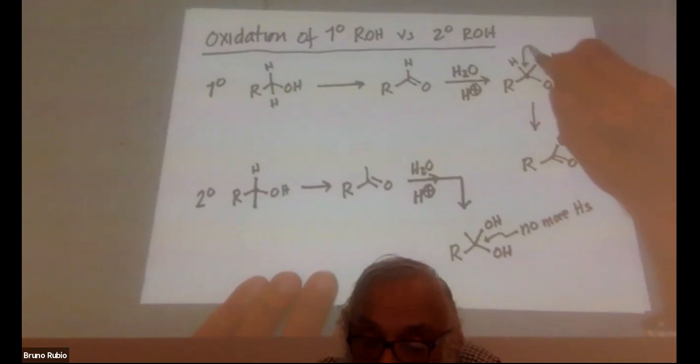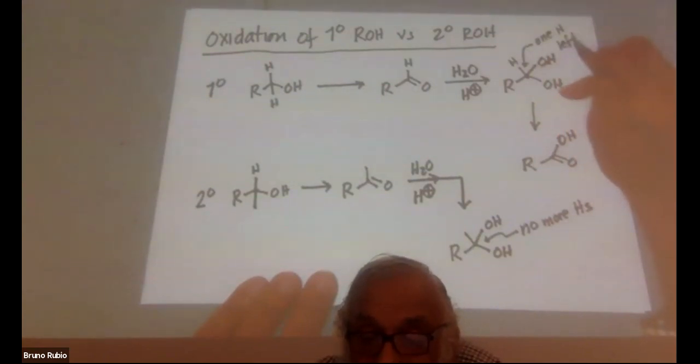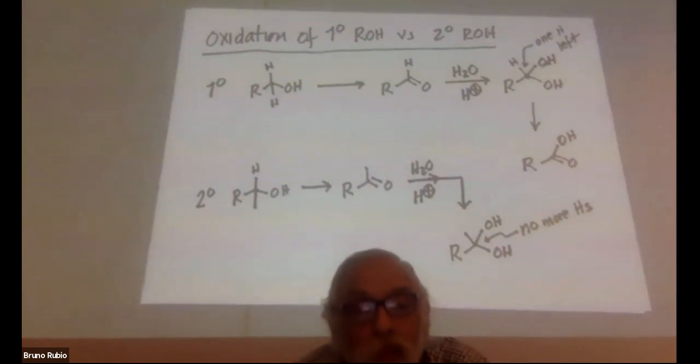This guy here, one H remains, right? And so that's why the primary alcohol goes through two cycles of Jones oxidation to give a carboxylic acid, but a ketone cannot undergo a second cycle of Jones oxidation because the mechanism requires that the carbon atom bonded to the OH group have a proton on it, and the ketone just doesn't have a proton on there. Oxidation comes to a screeching halt.